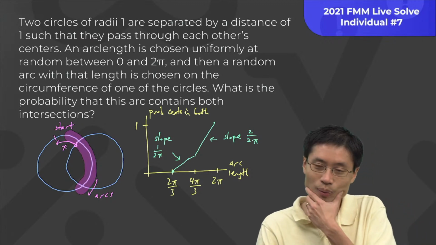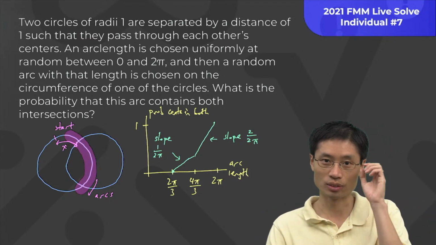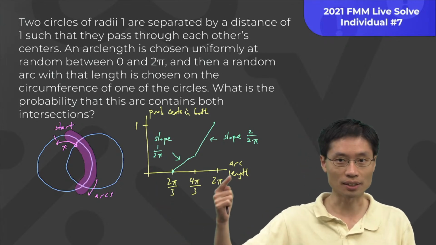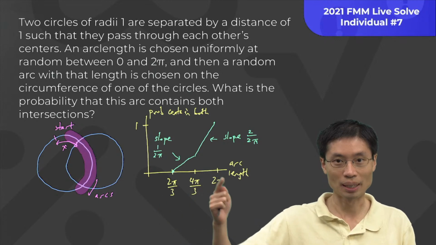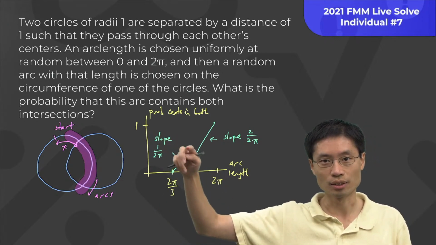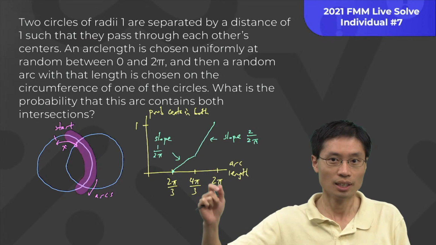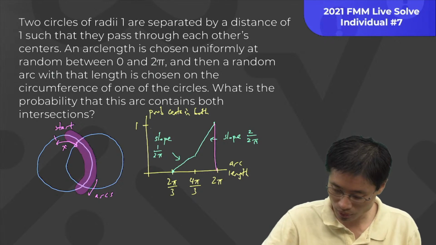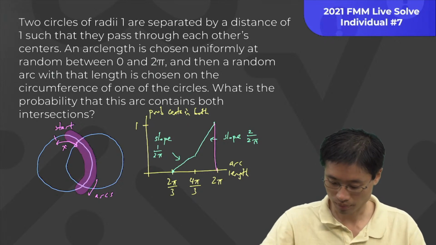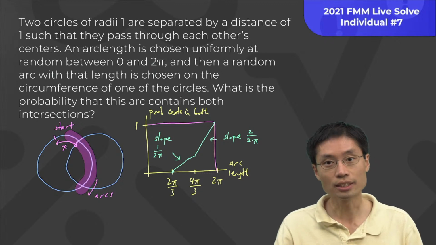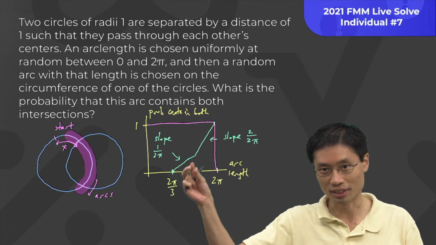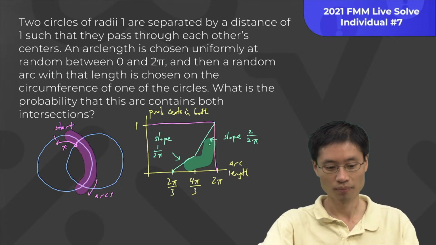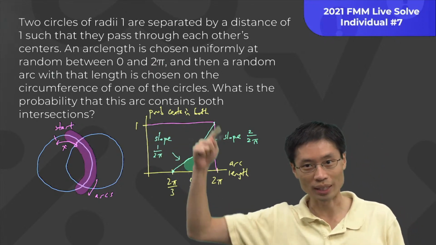Okay, so now what we did with all of this is, if I want to know what's the total probability, here's what I would do. I'm going to be picking any one of these arc lengths from 0 up to 2 pi, and then for each of them I have some probability that it works. So the answer to the whole question is that I take this whole region, and I need to know what fraction of this whole rectangle is under this part.